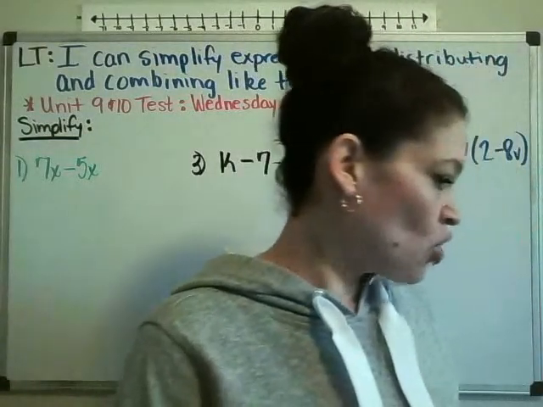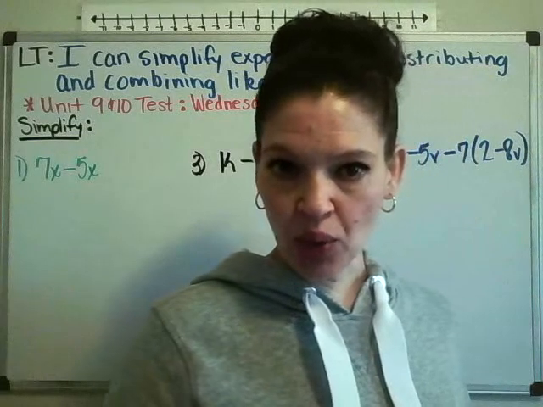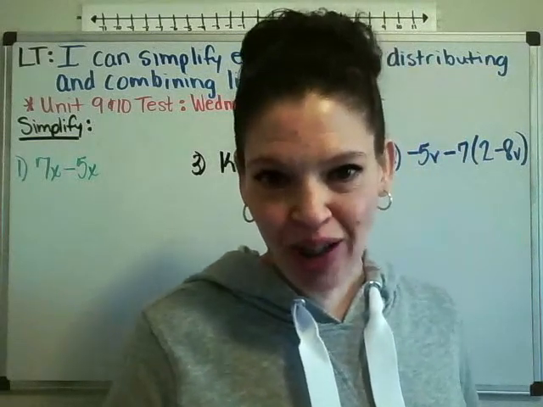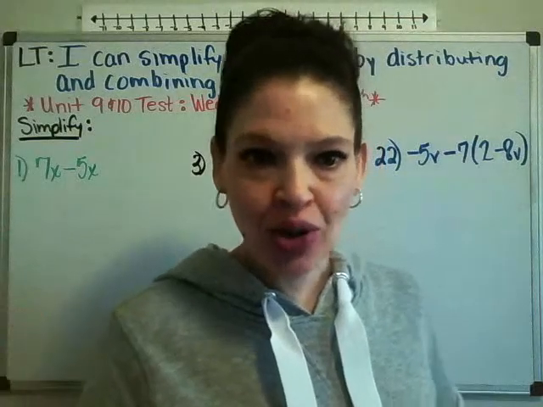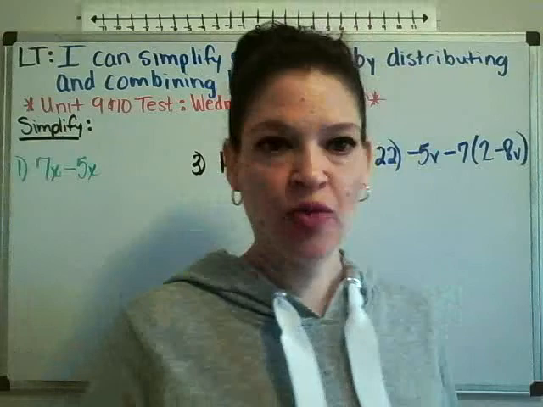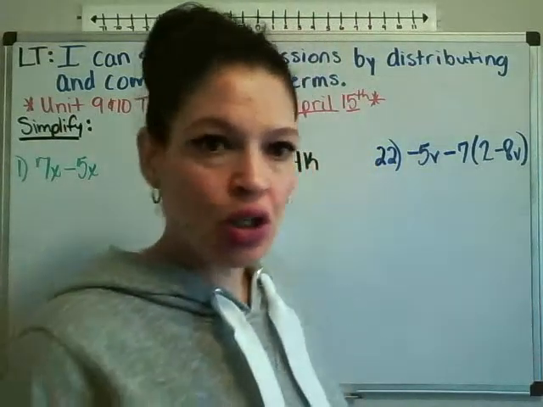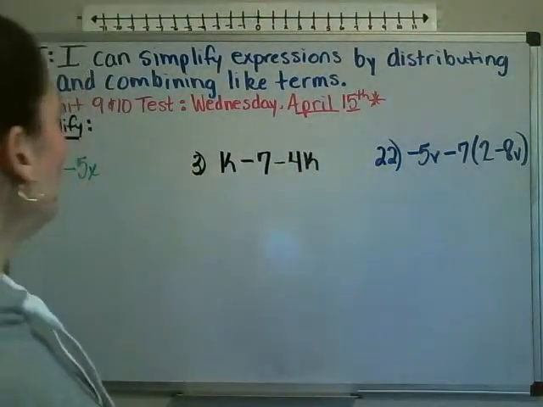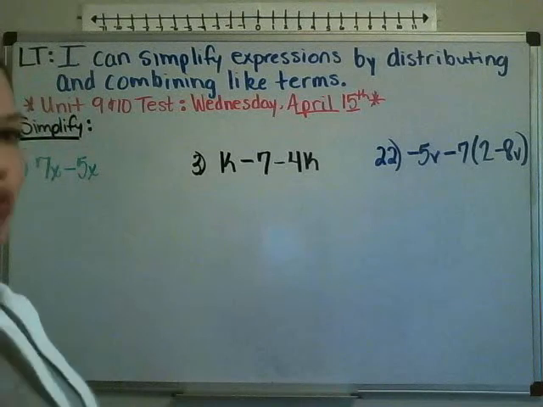All right, so let's take a look at what we're learning today. Actually, it's not new material. We're just extending what we already know. Okay, we're just taking a little step further. All right, so let's look at our learning target, which is I can simplify expressions.